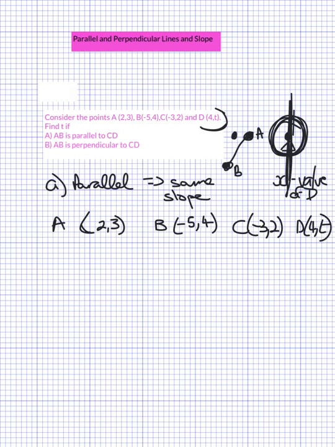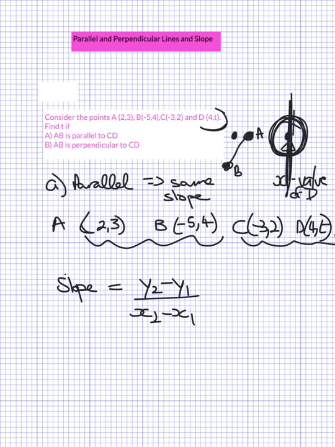Now, as soon as we hear the word parallel, we're immediately going to think slope, and the slope formula, which we know very well by now, is y2 minus y1 over x2 minus x1. If they're the same slope, that means the slope of AB will equal the slope of CD because they're parallel. So let's find the slope of both. For AB, I'm going to call this x1, y1, and this one x2, y2.